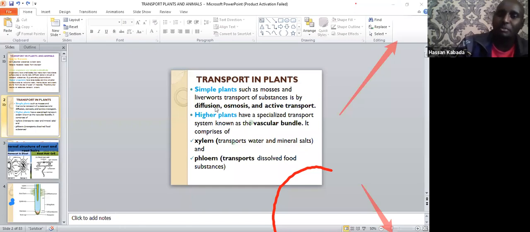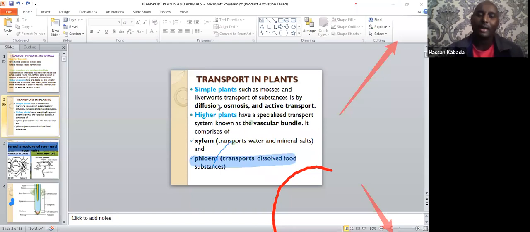Simple diffusion, osmosis, and active transport are enough for them, because they can easily take materials that are required in and those that are not required out, through diffusion for gases, osmosis for water, and active transport for maybe mineral salts. So these substances are effectively transported by these three processes, and they don't have any problem with that.